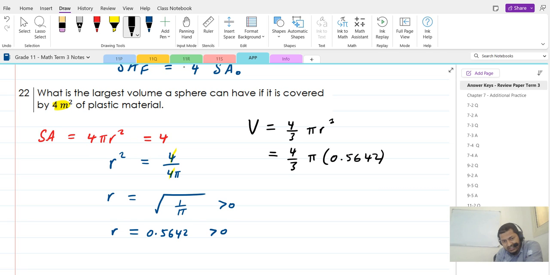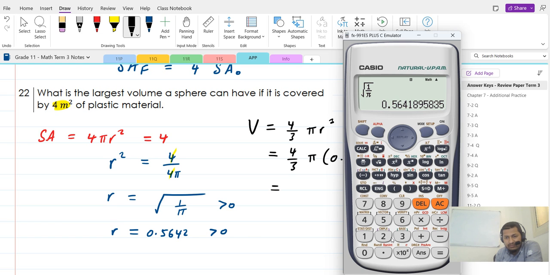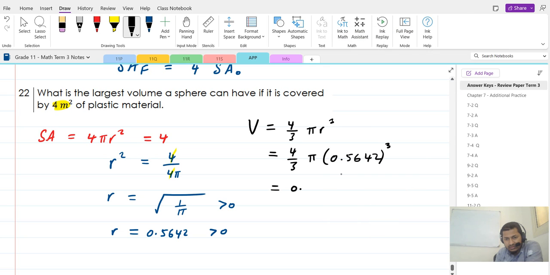If you want, you can put this entire square root in there, and you'll get a more accurate answer. So it's 0.7523 meters cubed.